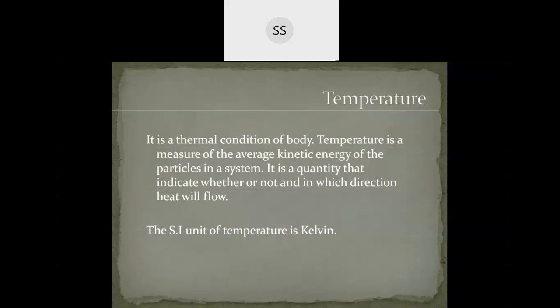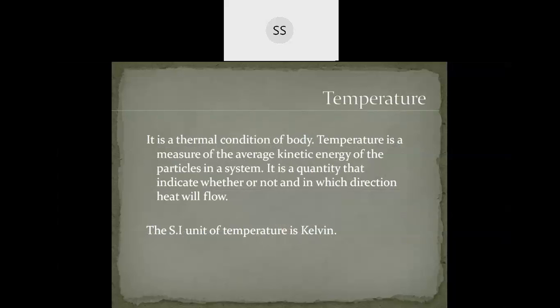Temperature is a measure of the average kinetic energy of the particles in a system. See, heat is the total energy of a body, which contains the kinetic energy plus the potential energy, but temperature is only the kinetic energy of the particles.